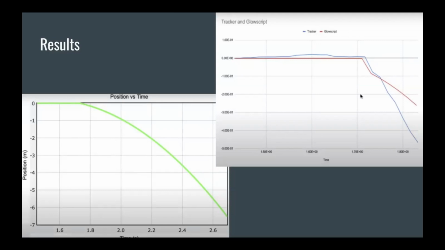And then we have a direct comparison on the graph in the top right, which the blue line is the tracker and the red line is the GlowScript. You can directly compare the two graphs, see that it actually is the same results, and you can see that roughly around 1.71 the action gets started with energy in the Slinky going down.